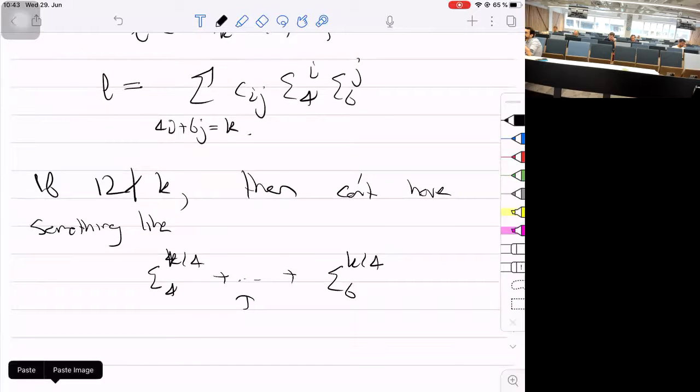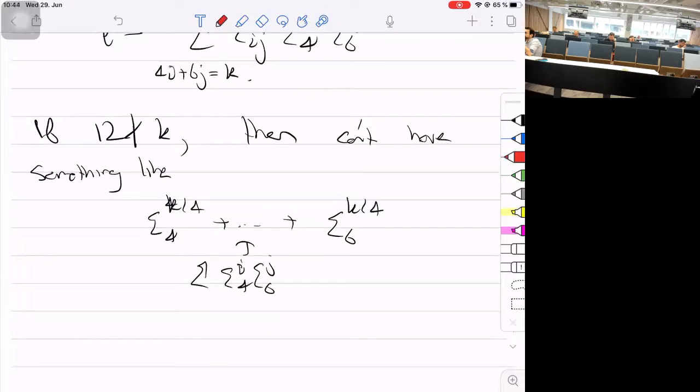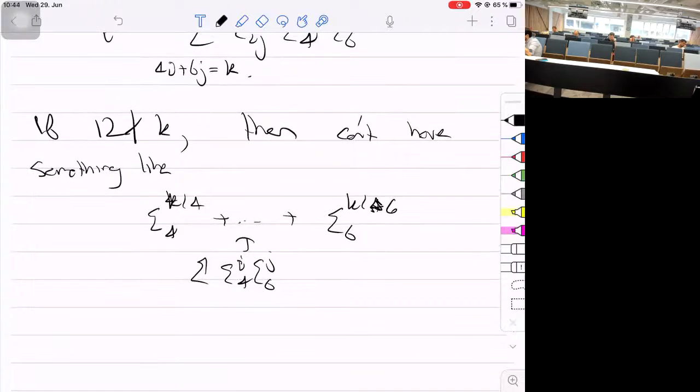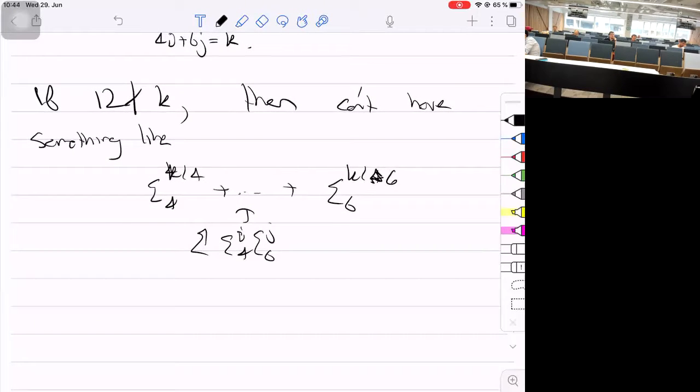We're going to have something like this plus a load of intermediate terms. So this is the case where we can go by 4 and 6 until by multiple it's going to be 12. And we assume the weight is not divisible by 12.